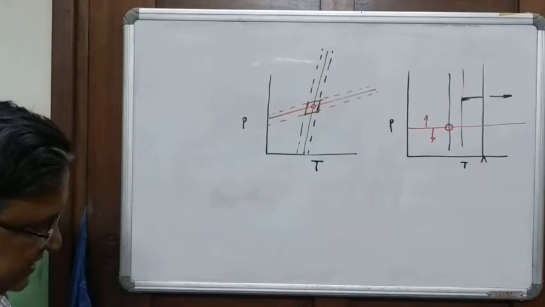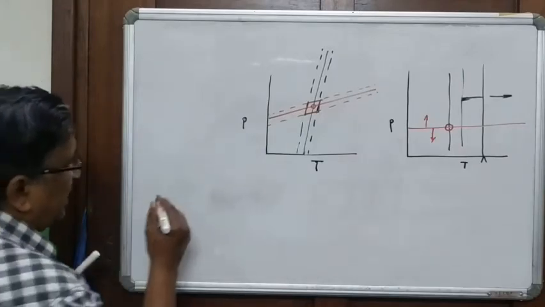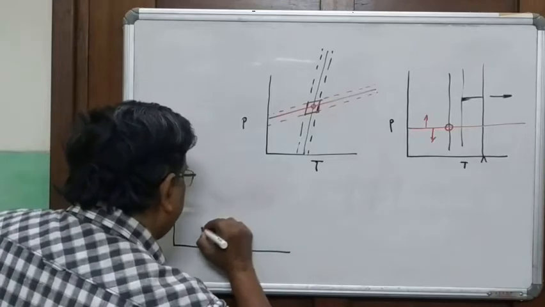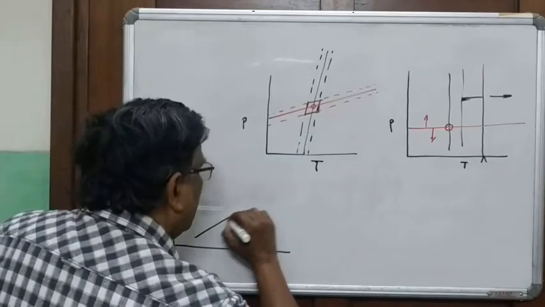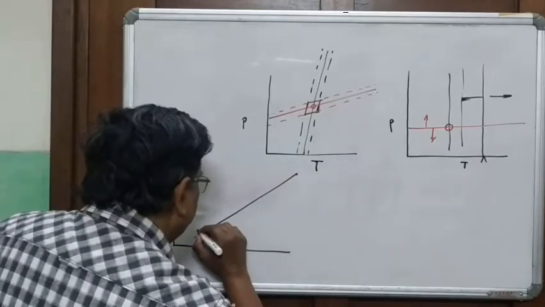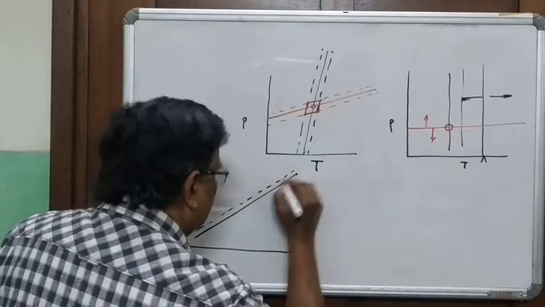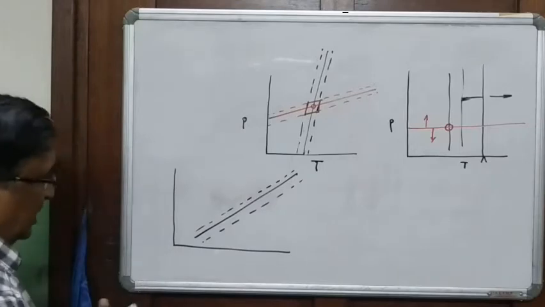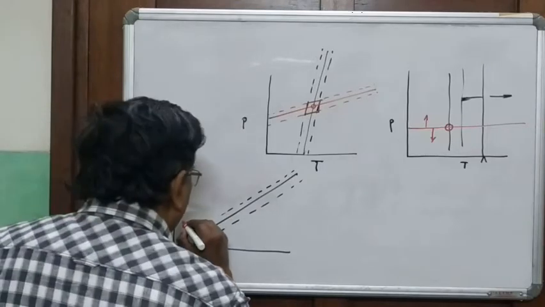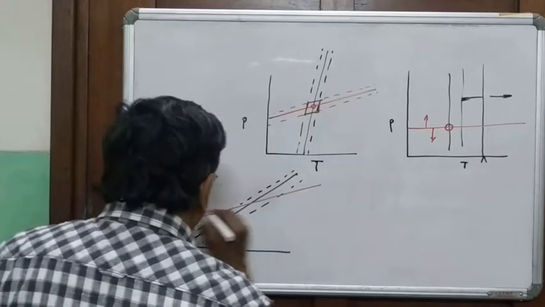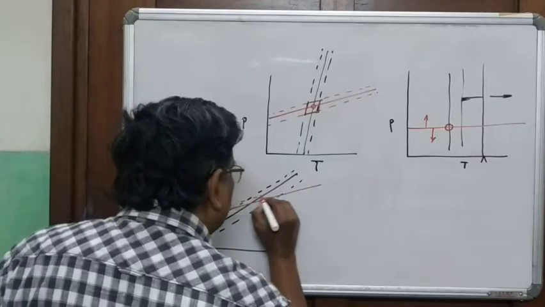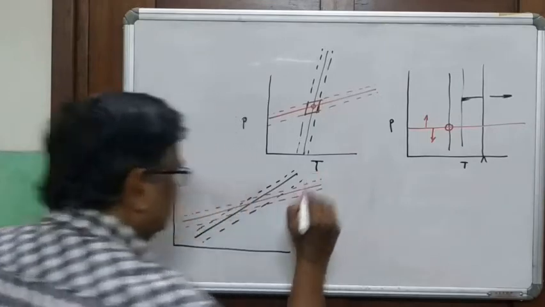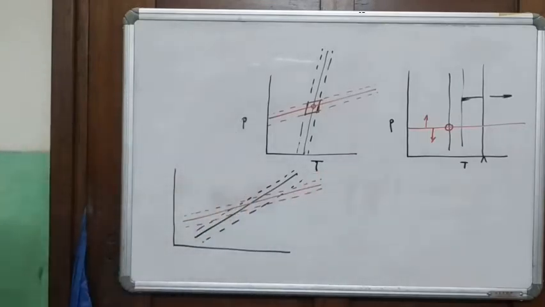But you can take another extreme case and draw another temperature pressure diagram and take two reactions. One is like this with its error, and one is like this with its error. Now you see what happens.